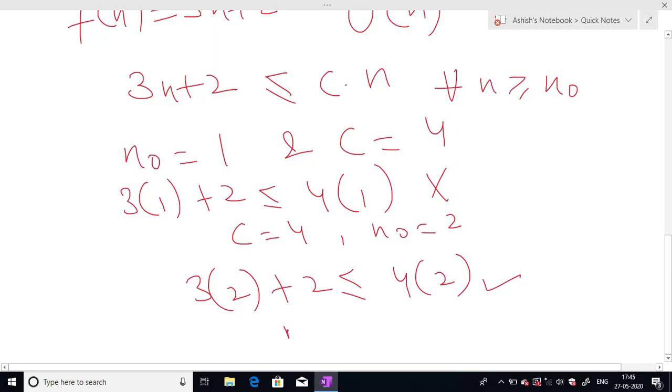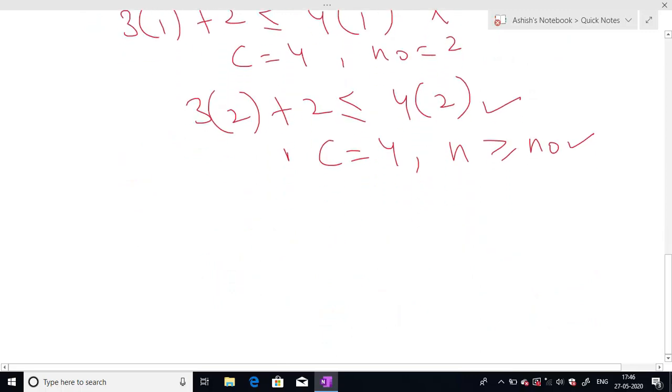If n naught equals 3, then again this condition will be true. So we can say that for c equals 4 and for all n greater than or equal to n naught, where n naught is equal to 2, our function f(n), that is 3n plus 2, is big O of n.